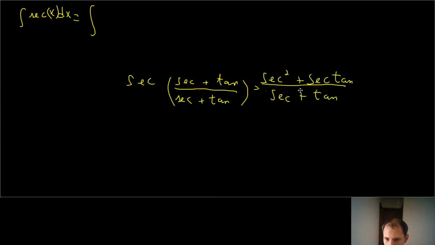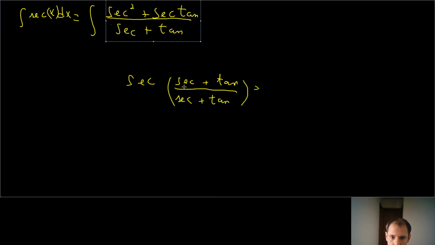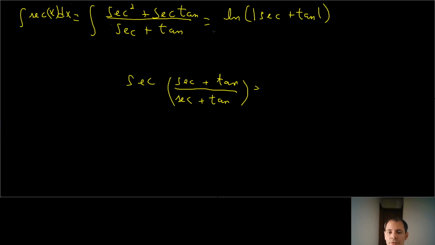When you multiply, you get that. And this is just gonna be the ln of secant plus the tangent divided by the derivative of the secant and the tangent, which is this. So it's gonna simplify, okay? This thing here is going to be copied down there, and we're going to simplify, so it just works. That's it. That's the answer. ln of secant plus tangent.